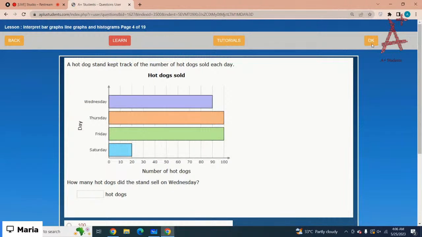A hot dog stand kept track of the number of hot dogs sold each day. How many hot dogs did the stand sell on Wednesday? So, which is the correct option? Just look at the graph on Wednesday.